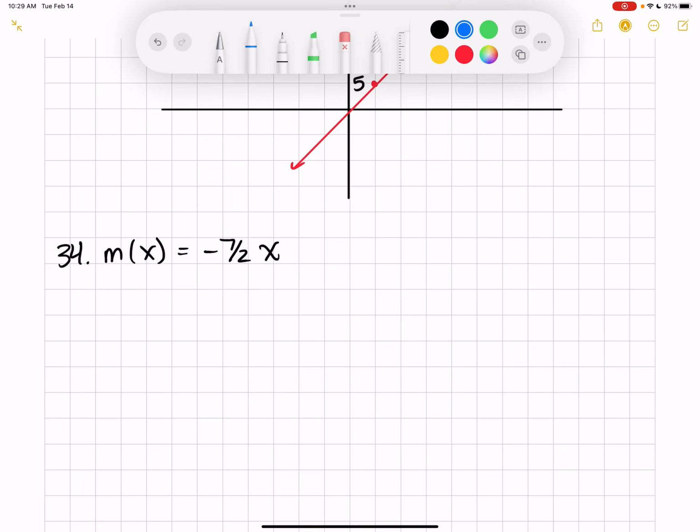So what number do you want to use first? 0. Okay, so negative 7 over 2 times 0 would be 0. So I have a point at 0, 0. What's another point? 2. So I have negative 7 over 2 times 2, which would be what?